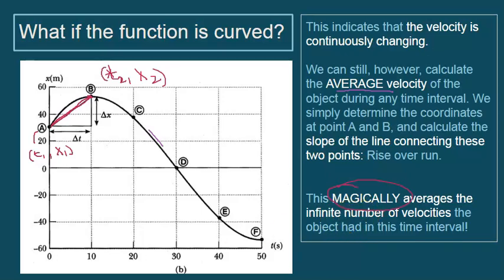Oh my God, look at how productive you've been. You just averaged an infinite number of values. If you calculate x2 minus x1 over t2 minus t1, you can do a little bit of work, but it's pretty cool.